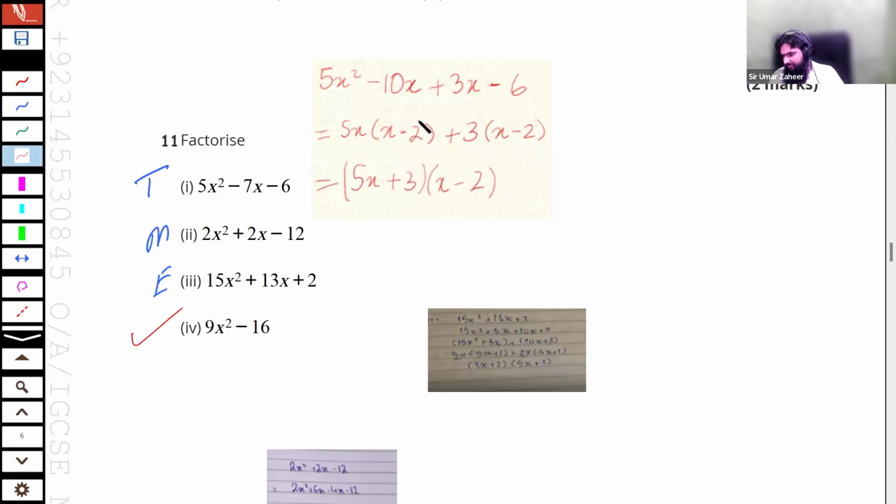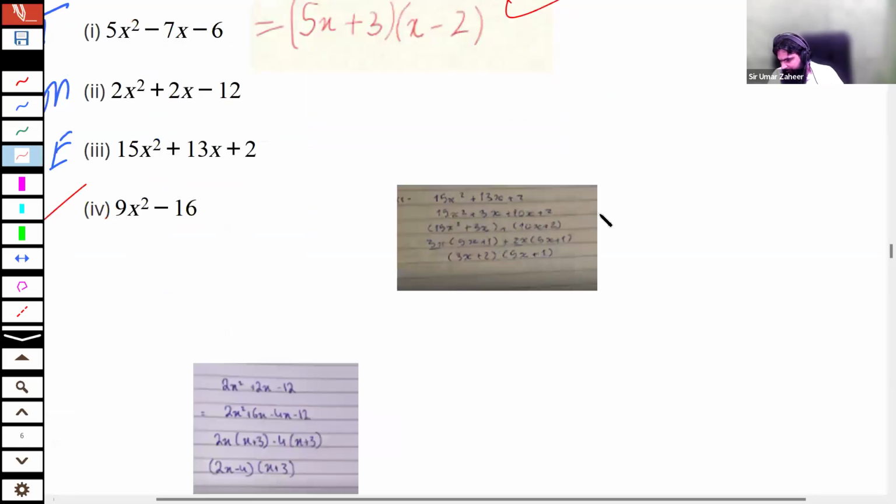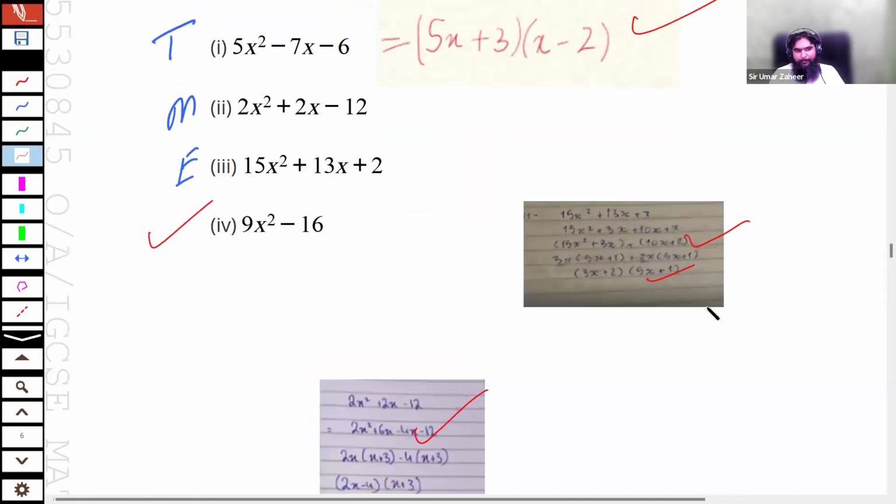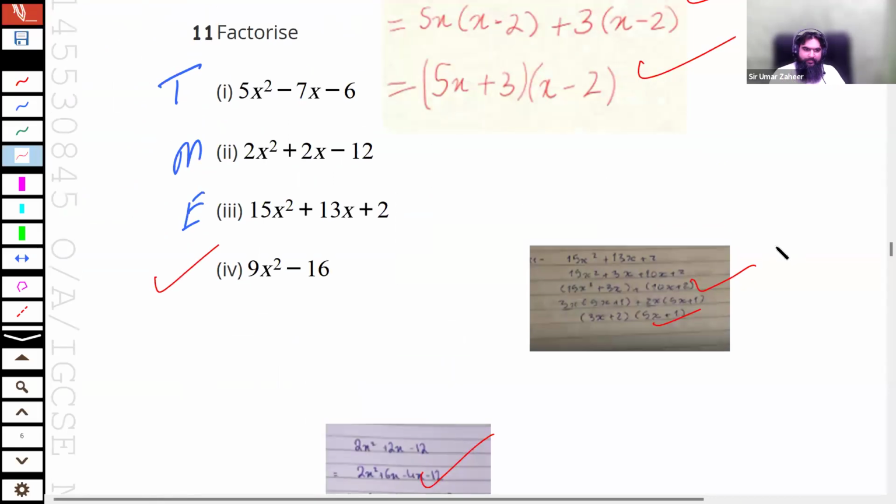We have 5x(x minus 2) plus 3(x minus 2). That's correct. That's correct. 24. That's correct. Yes, if anyone has done the fourth part, please send the picture.